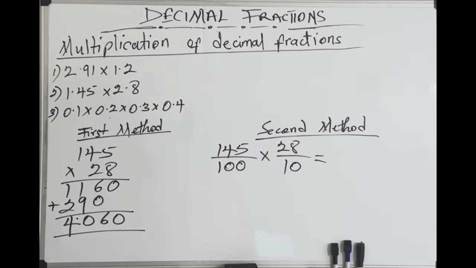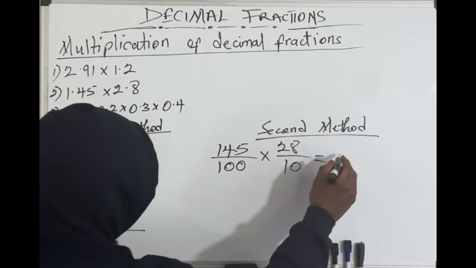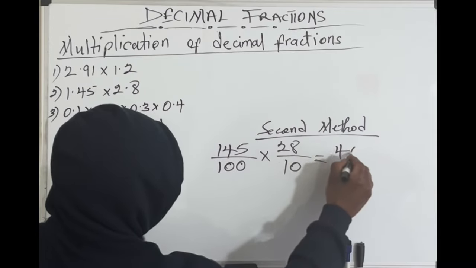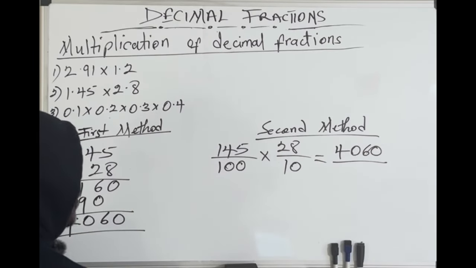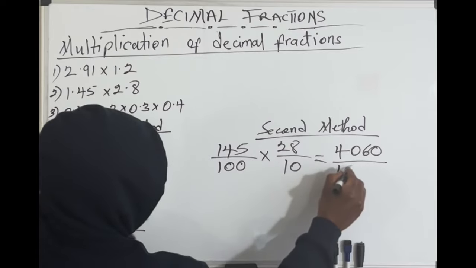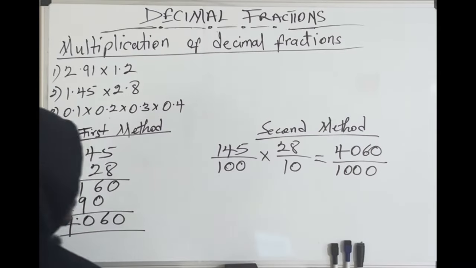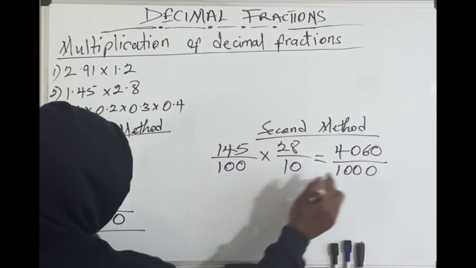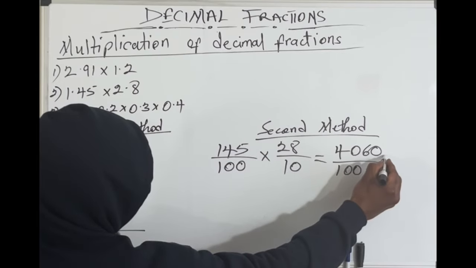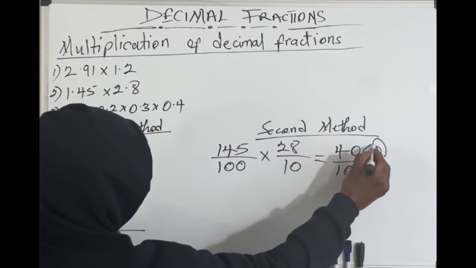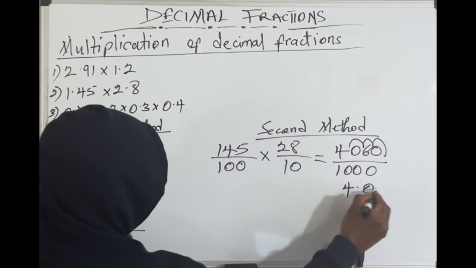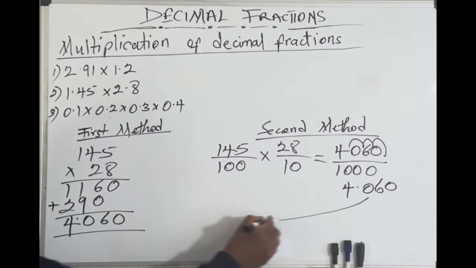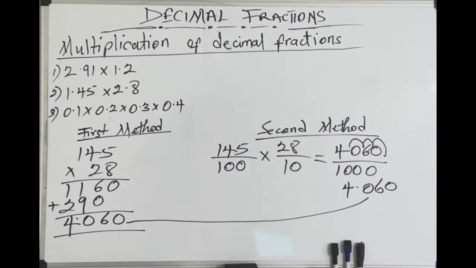So 145 times 28 is 4060 over 100 times 10, which is what? 1000. So 1, 2, 3, we move 3 places. So we have what? 4.060 is the same thing as what we had here.